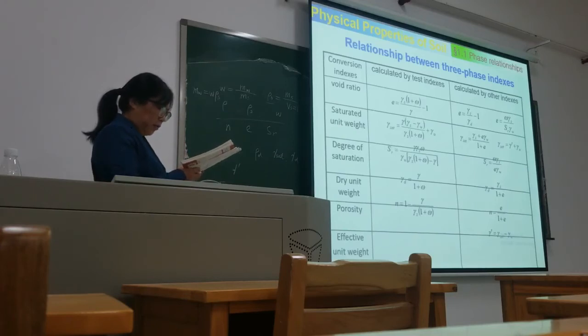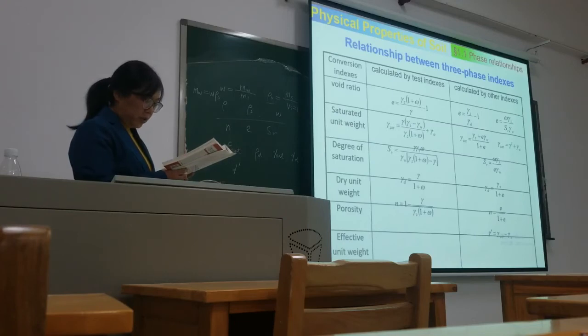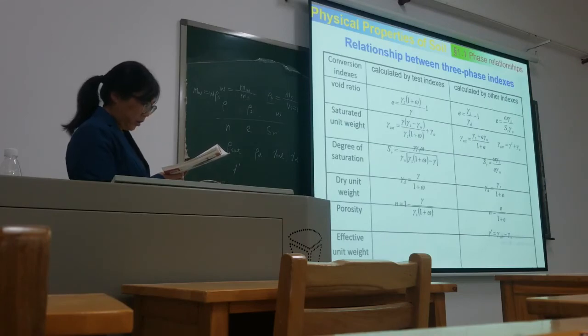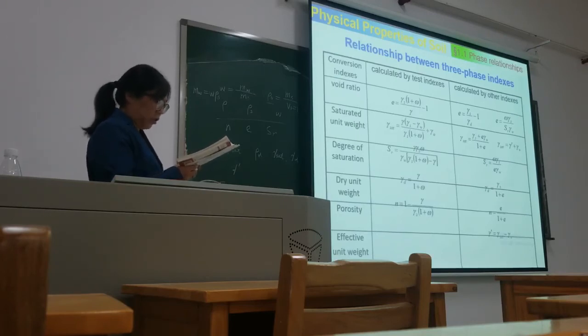The value of Gs is 2.7. Calculate wet density, dry density, saturated density, water content, porosity, and the degree of saturation.